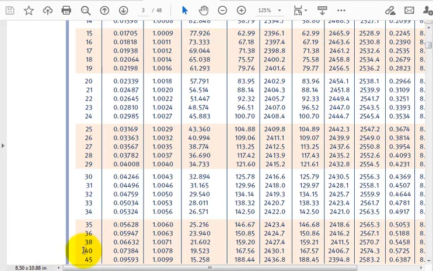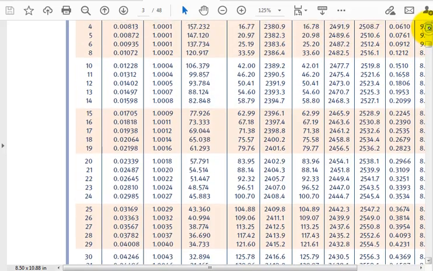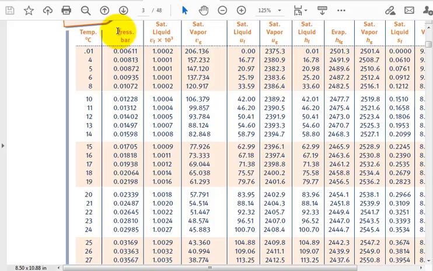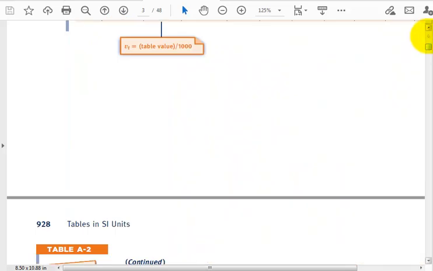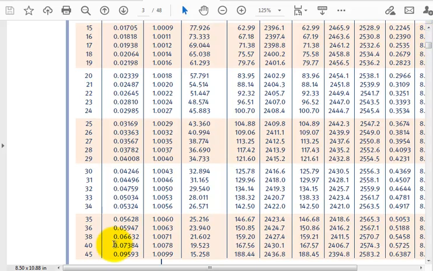Go back to table A2. And right here is 40 degrees C. In bar is 0.07384. Just go back, look at the header. I wish I could show the header better, but that's the pressure in bar right here at 40 degrees C, 0.07384.